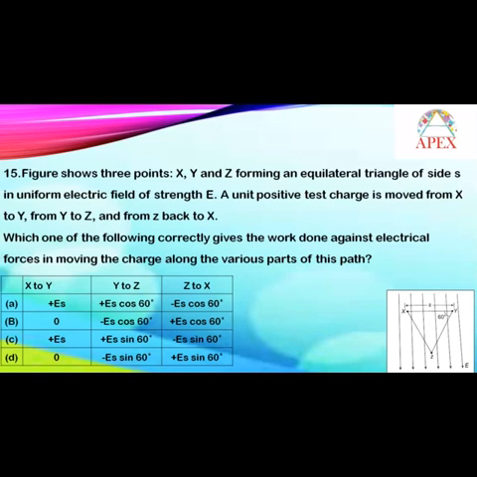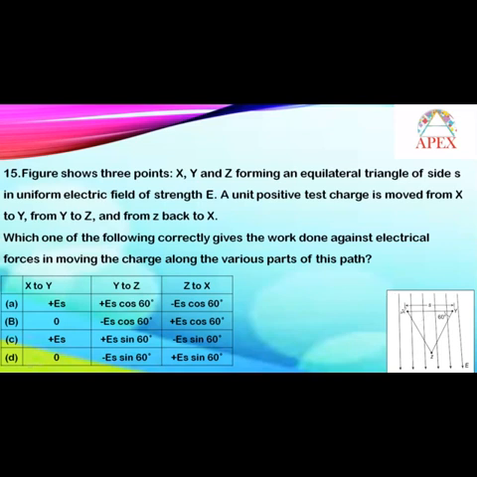See here, we are taking a uniform electric field and a positive test charge. From X to Y, if you consider, in a uniform electric field, what is the distance between X and Y along the field direction?